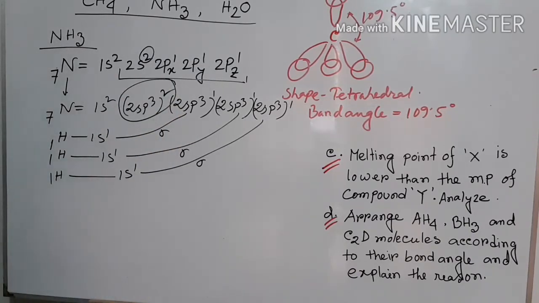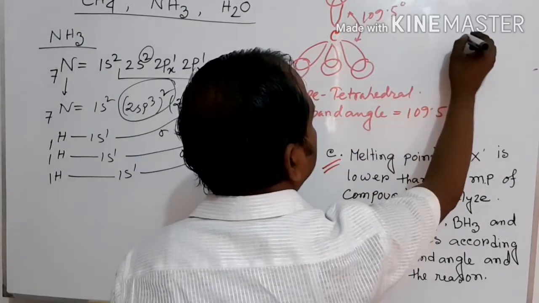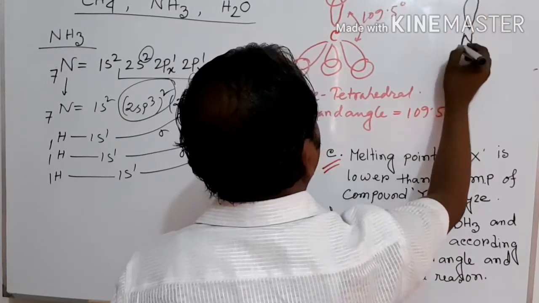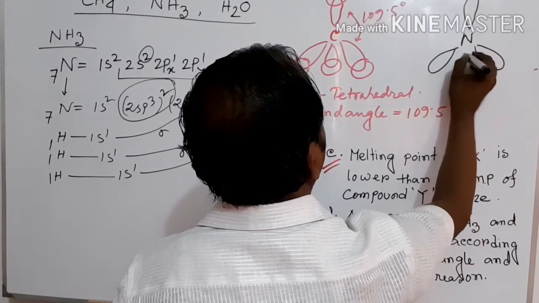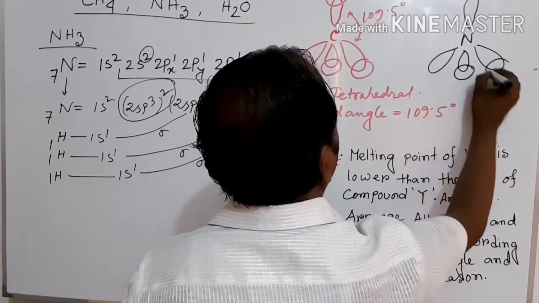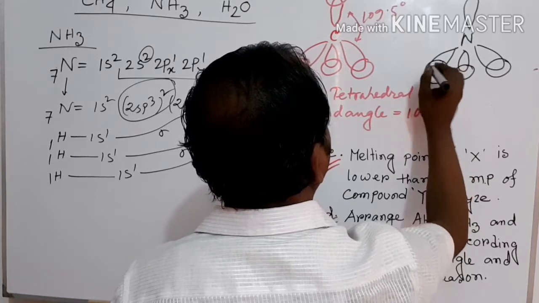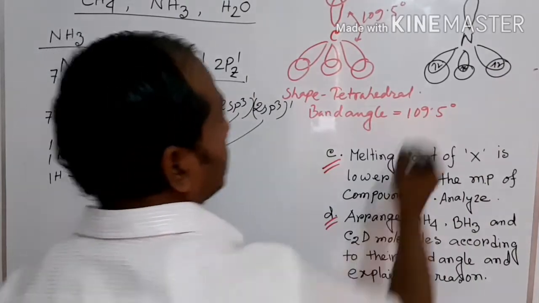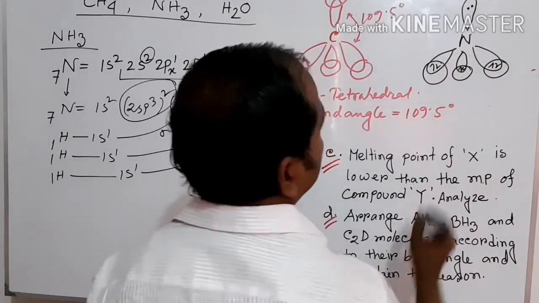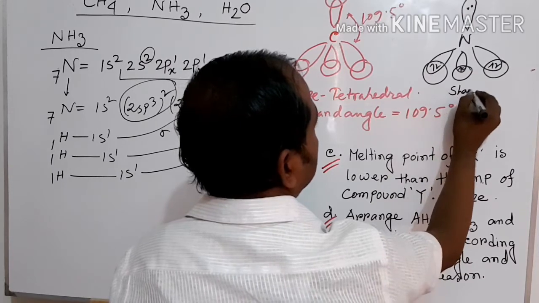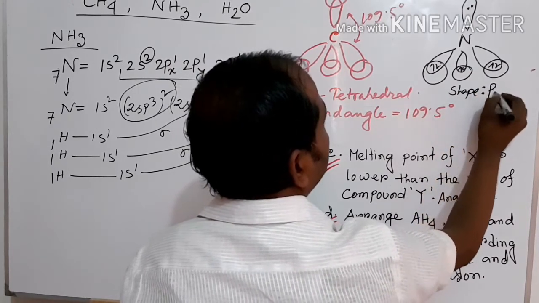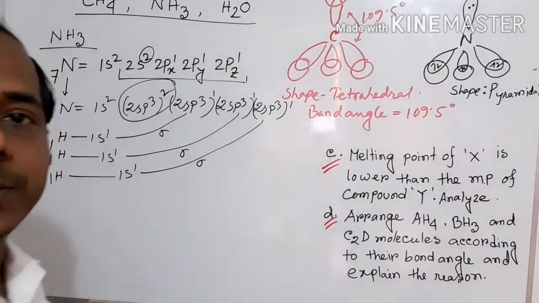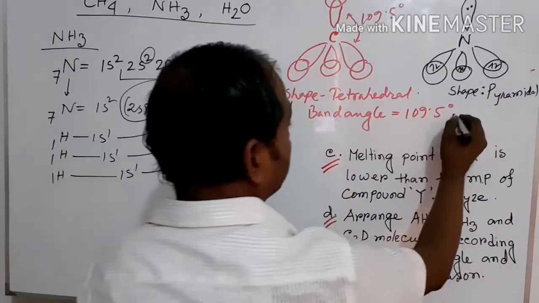So the shape of ammonia: here 3 sigma bonds occur and this one is a lone pair, so the shape is pyramidal.